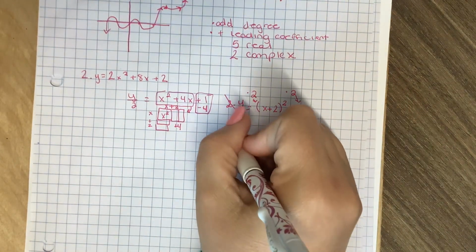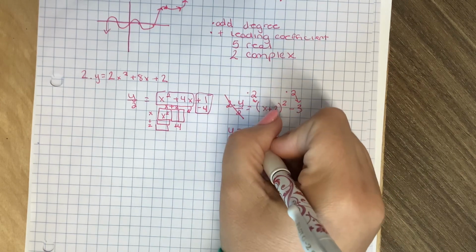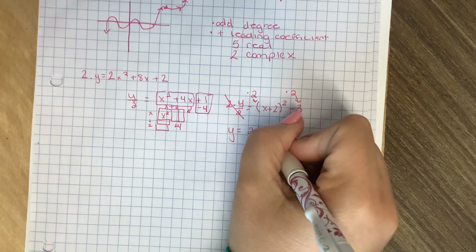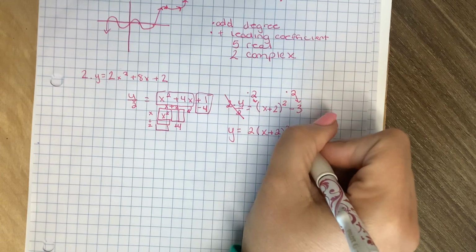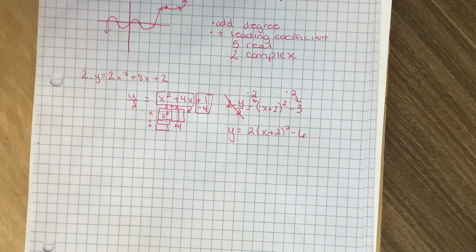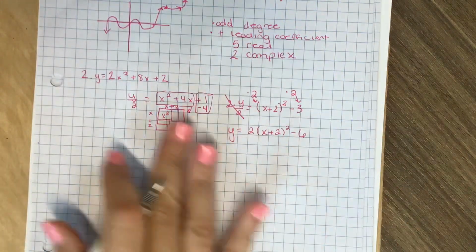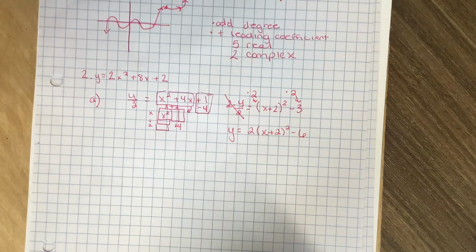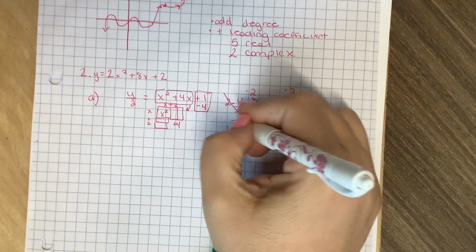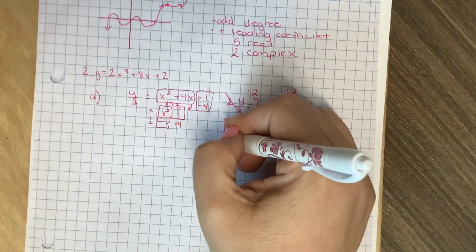And that leaves me with y equals 2 times x plus 2 squared minus 6. That is the graphing form. That is A to your worksheet. All of this work was for A. This is graphing form. This is the AHK, okay?